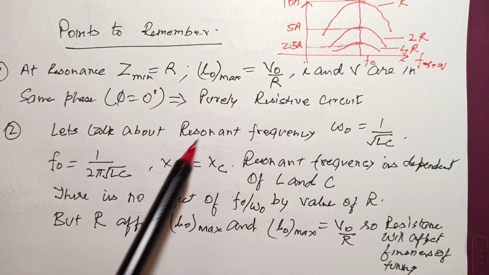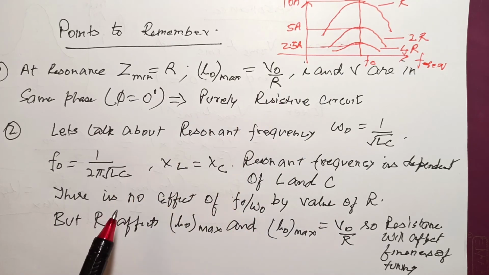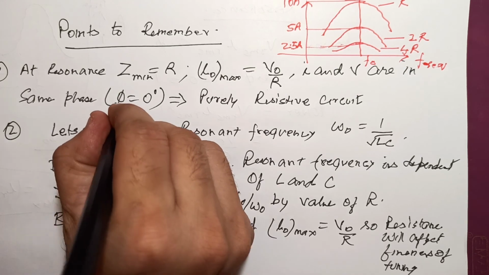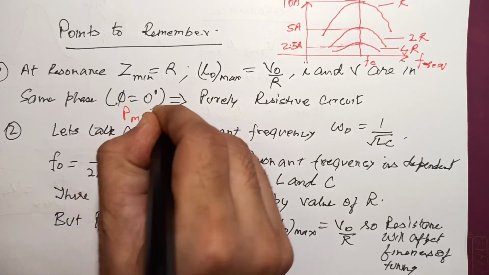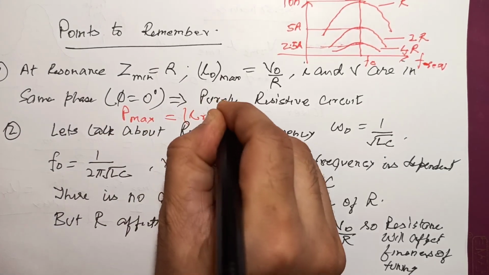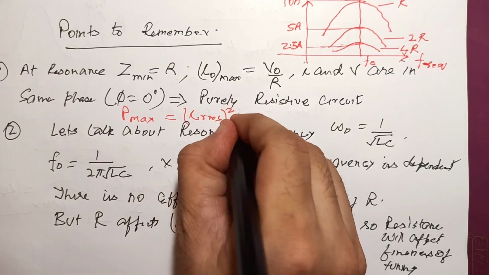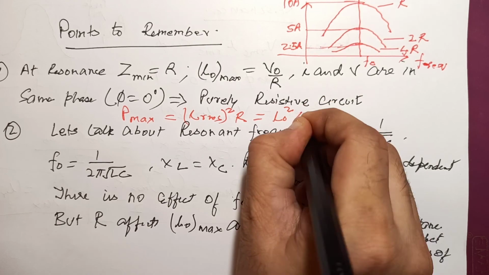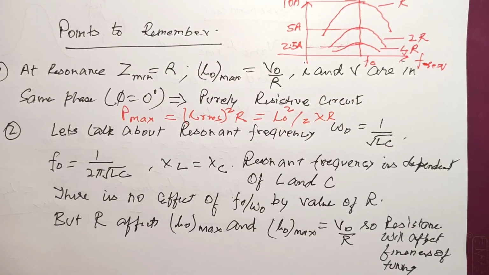And if resistance is very high, the power loss would be very high as well. Why? Because we know that P max is equal to IRMS whole square into R, which is nothing but I naught square by 2 into R.